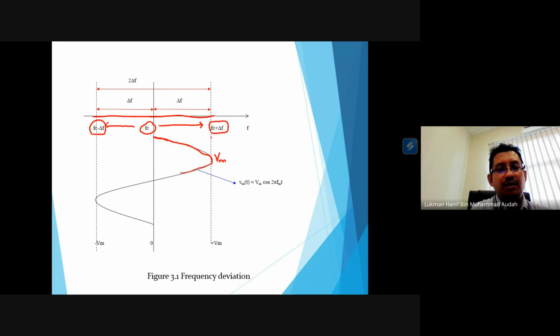Then the input signal moves towards 0. Whenever the signal moves towards the 0 axis, the carrier would be at the center, which is Fc. Then the input signal moves towards the negative peak, negative Vm, and the carrier frequency is going to be the minimum, Fc minus delta F. Then the signal moves towards the 0 axis, so the carrier would be at Fc.